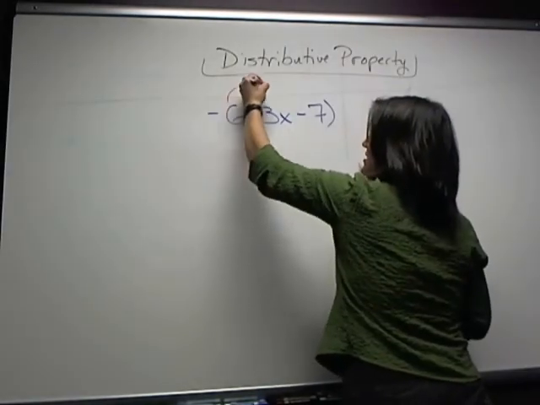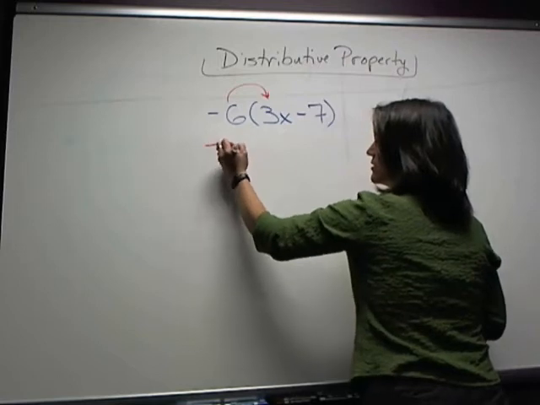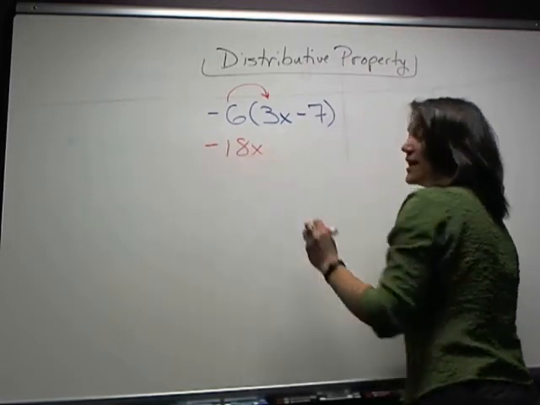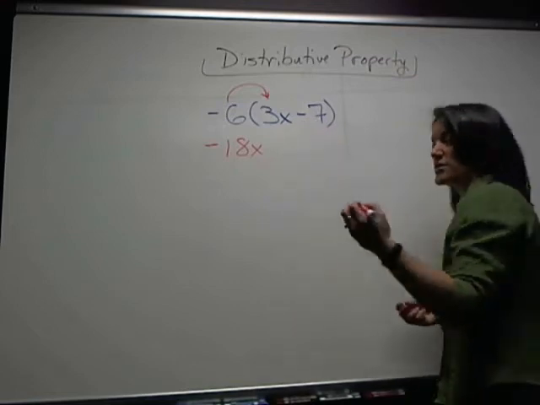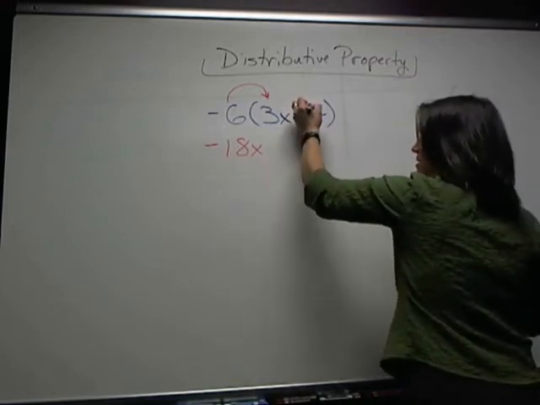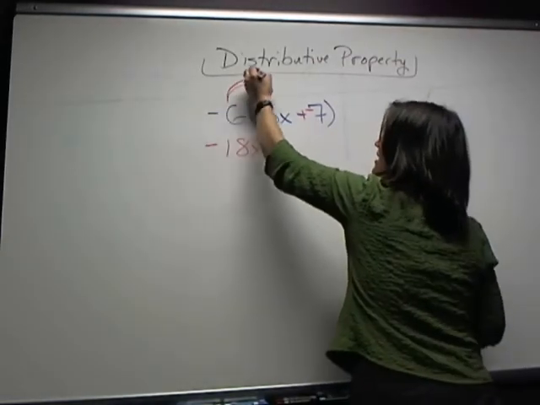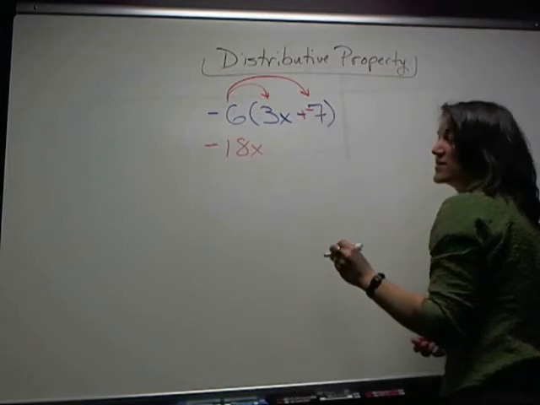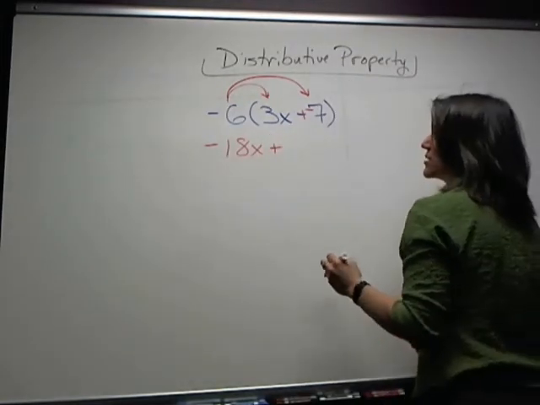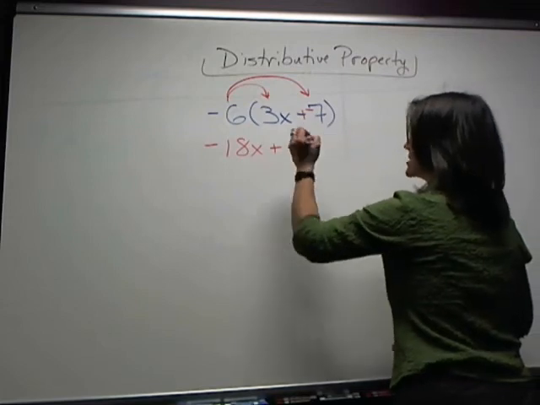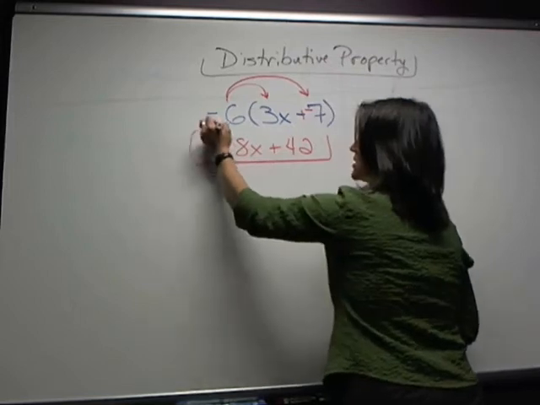If I take a negative times a positive, I get negative 18x. Now here's a subtraction. Once again, you might want to say, oh, that's adding a negative. So it's a negative 6 times a negative 7. Negative times a negative makes it positive. You need the plus sign to separate your terms. And 6 times 7 is 42. That's our final result.